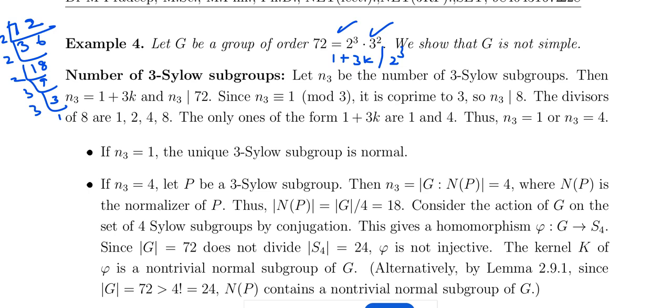Then the possibilities are: if you put k equal to 0, now 1 divides 2 cube. Okay. For k equal to 1, that is 3 plus 1, 4, that also divides.